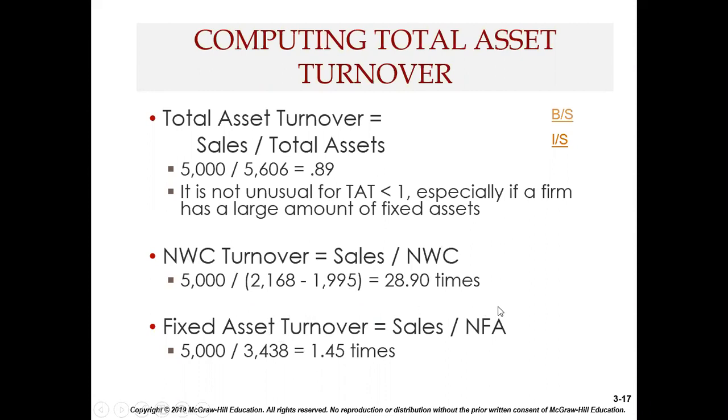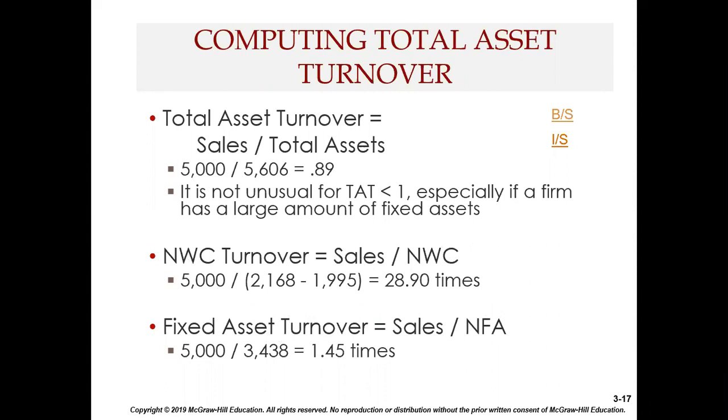So this is showing us how much, quote, work we get out of our working capital. So that working capital, how much in sales is it producing? It produces sales 28.9 times.